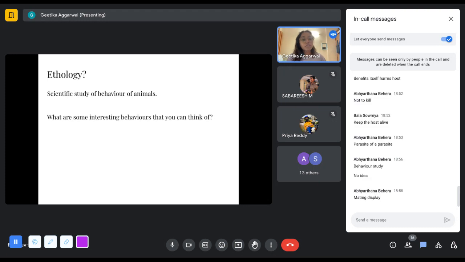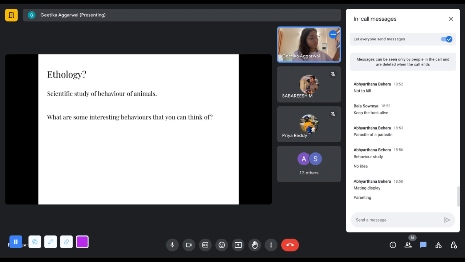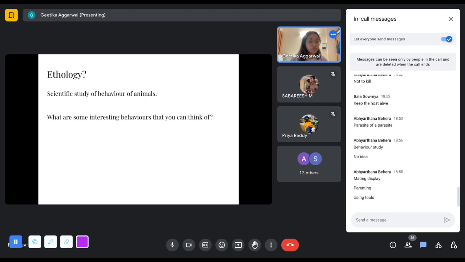Mating behaviors, yes. What else? Parenting behavior, yes, that's a very interesting sort of behavior. What else? Very basic ones also you can point out. Using tools, tool usage is also a sort of behavior.